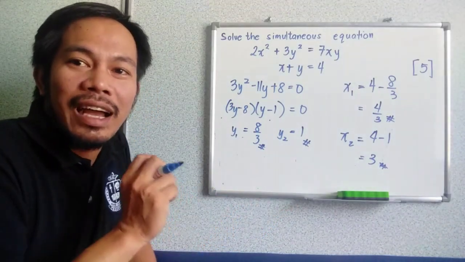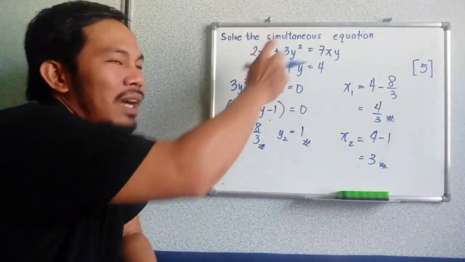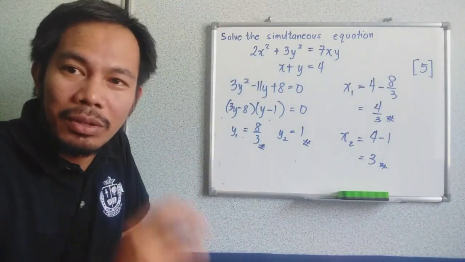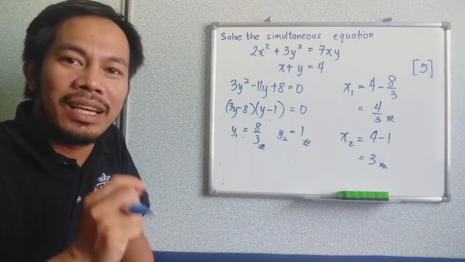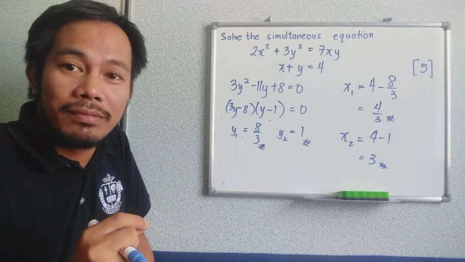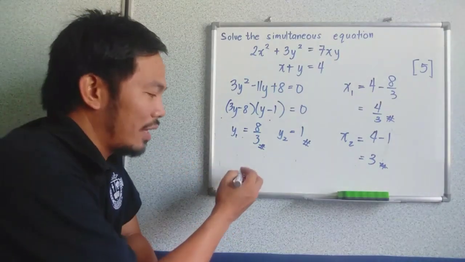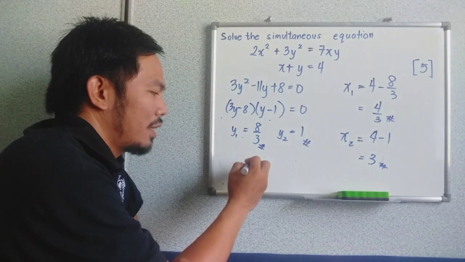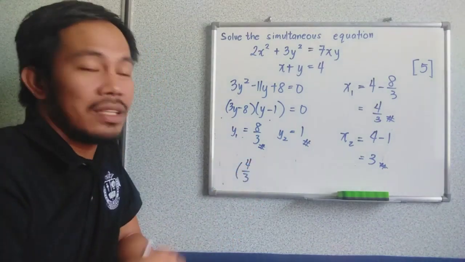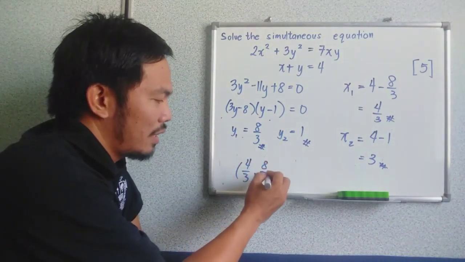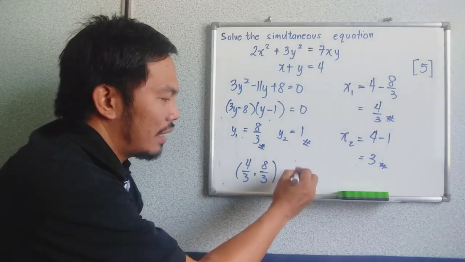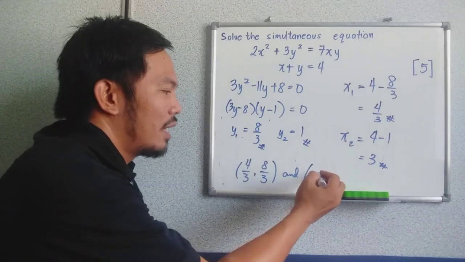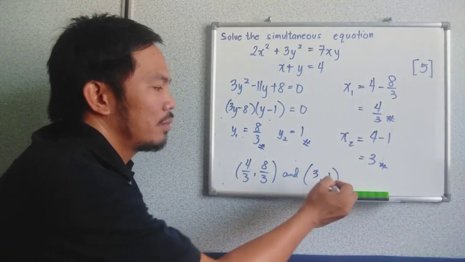I am just adding it so that you know that when you are given something like this, you have to write it as points because you are being asked of a point. So basically you can write it as x sub 1 is 4 over 3, y sub 1 is 8 over 3, and x sub 2 is 3, y sub 2 is 1.